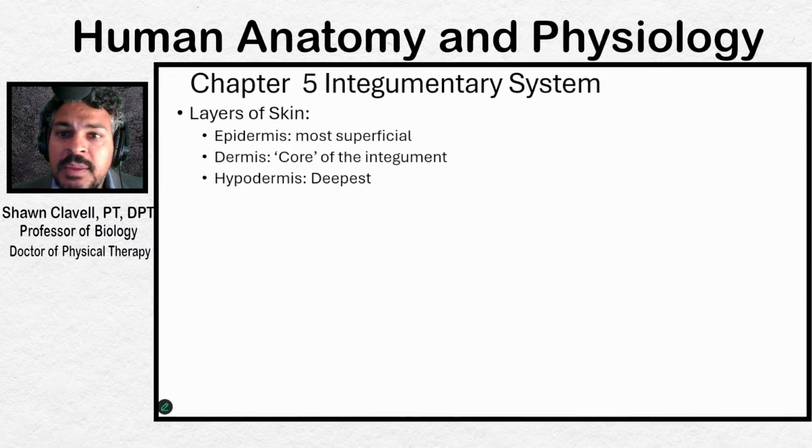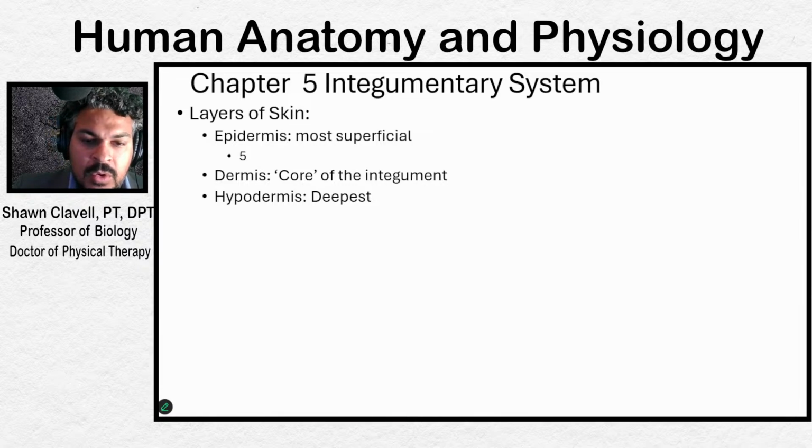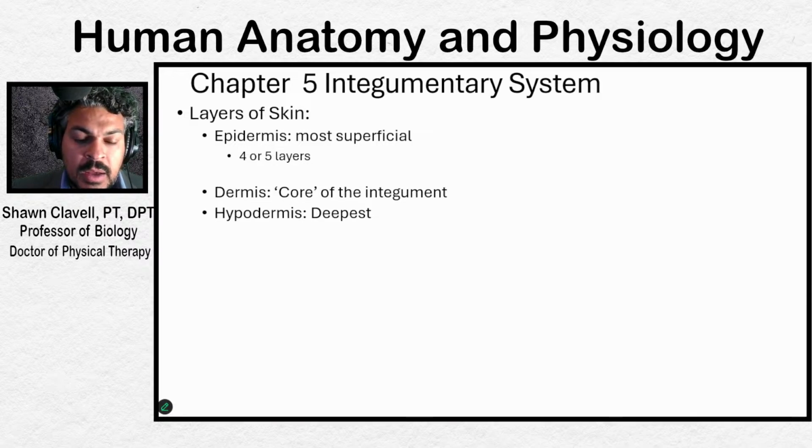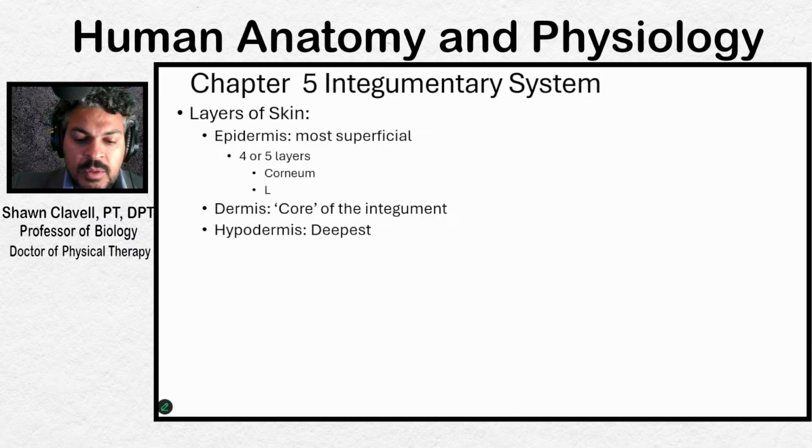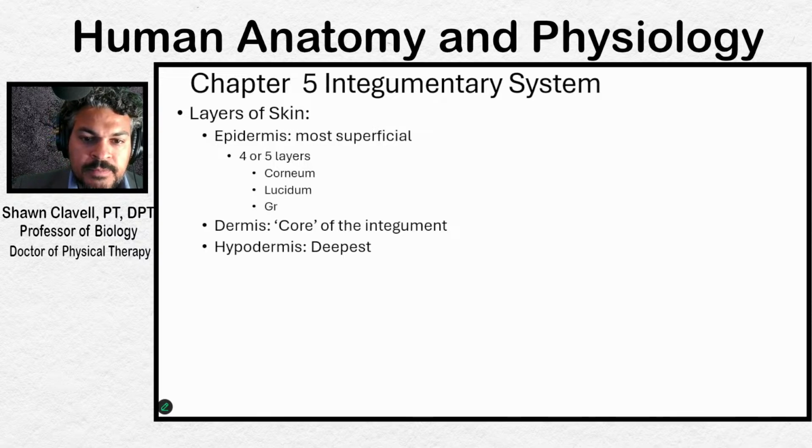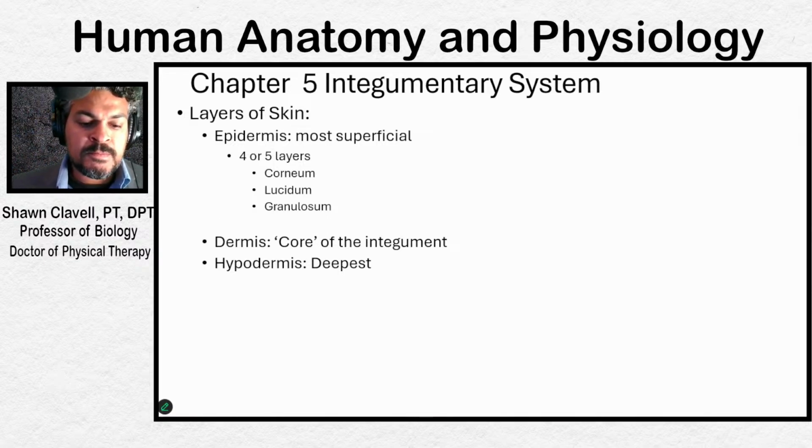And then as the epidermis is related, there are 4 or 5 layers to the epidermis. They include, from superficial to deep, corneum, lucidum, granulosum, spinosum, and basal.